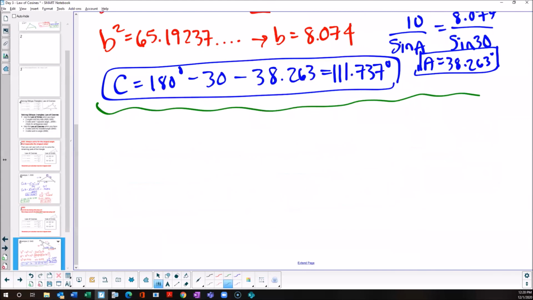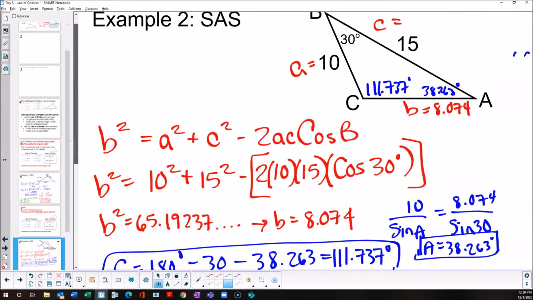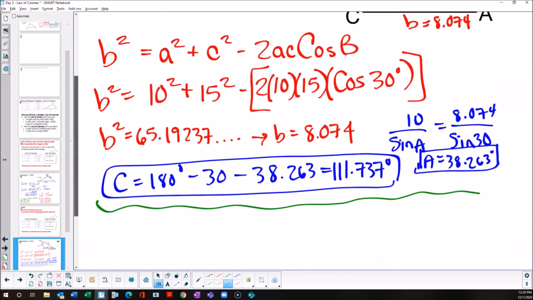If you had used the longest side, we would have had 8.074.